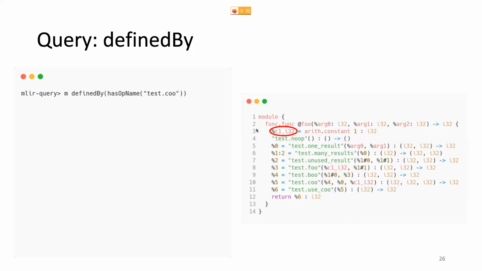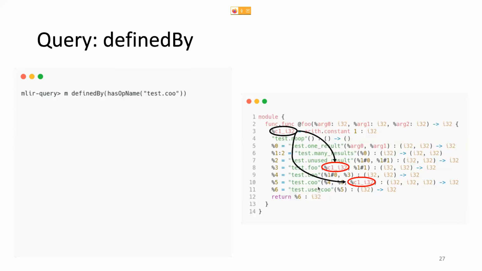So it first goes to the arith constant operation, and gets all its children. So we get all its uses. We have a test.foo and test.q, and then it checks if any of the users has an op name test.q.